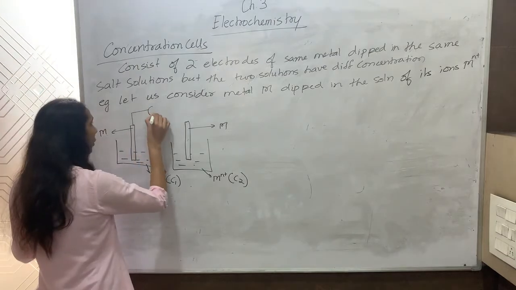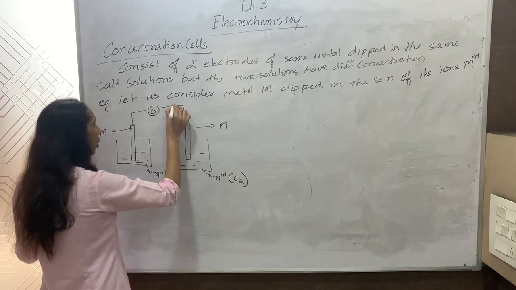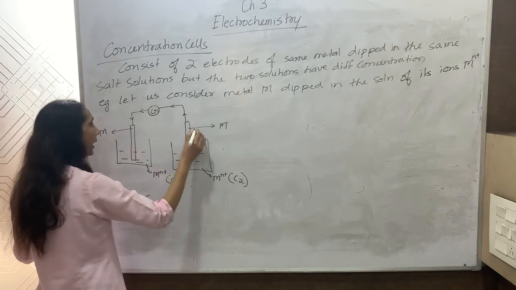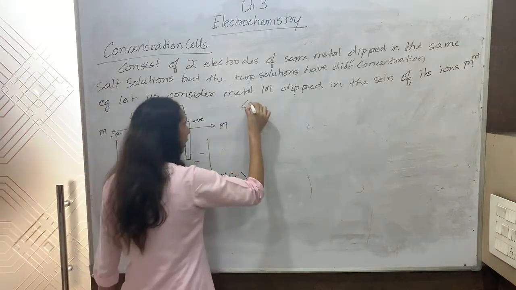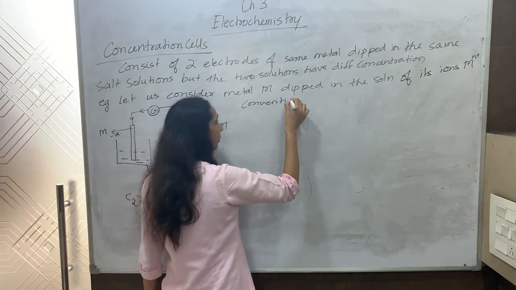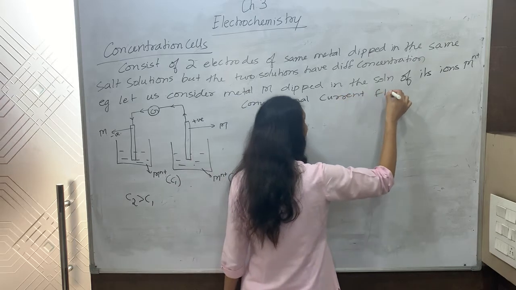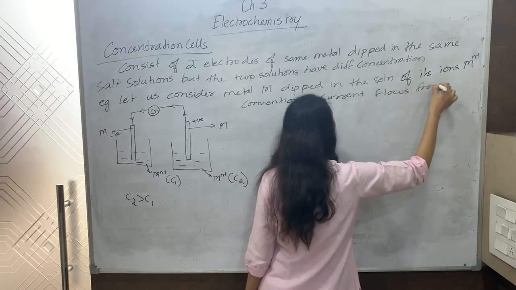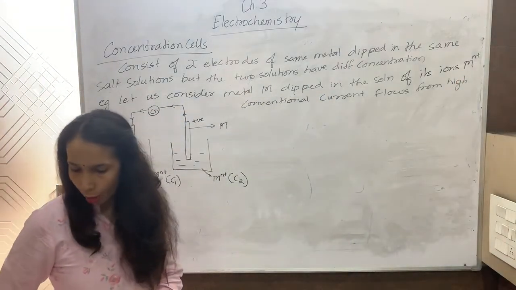When I connect it to a galvanometer, the deflection in the galvanometer shows that the current flows from high concentration to low concentration. Conventional current flows from high concentration to low concentration.